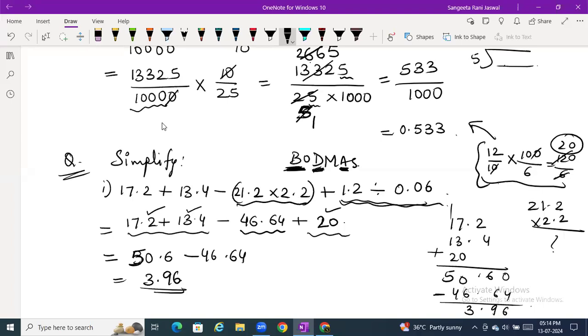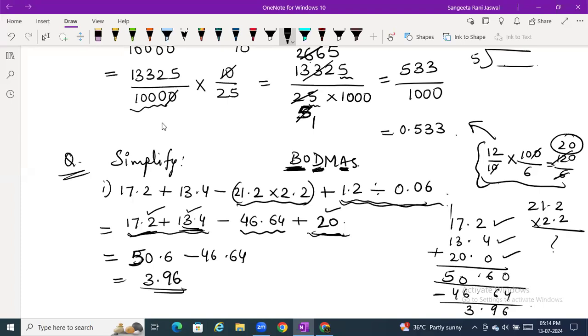So when you add 17.2, 13.4 and 20, and there is nothing in the decimal place, you get 50.60.